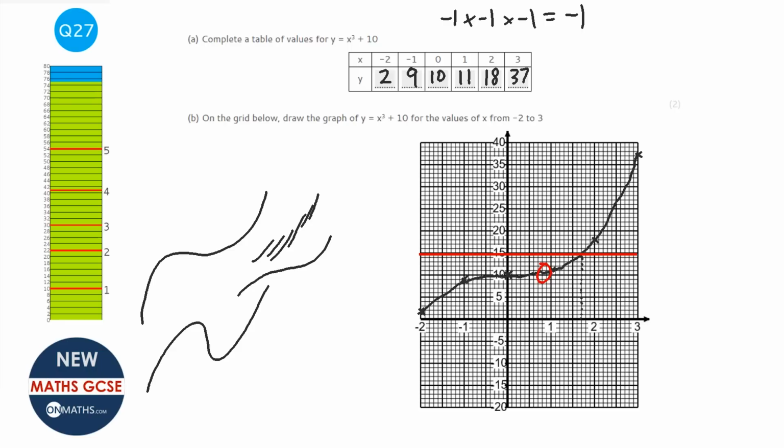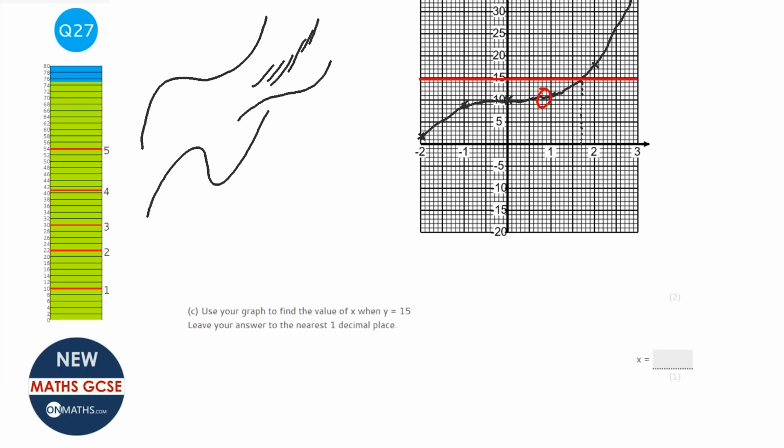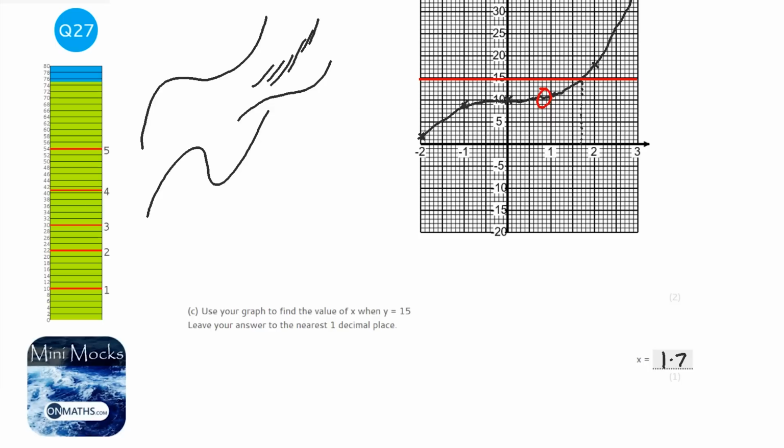Now I think that's 1.7, so I'm going to go for 1.7 because it asks for 1 decimal place. Normally with drawing questions, because people draw slightly differently, there's a little bit of leeway, as long as you've used your graph and shown the examiner that you've used that line there.